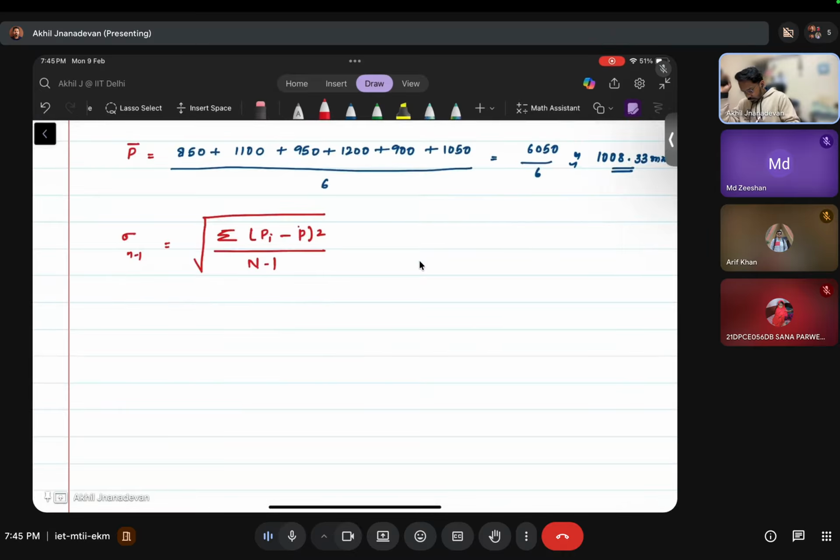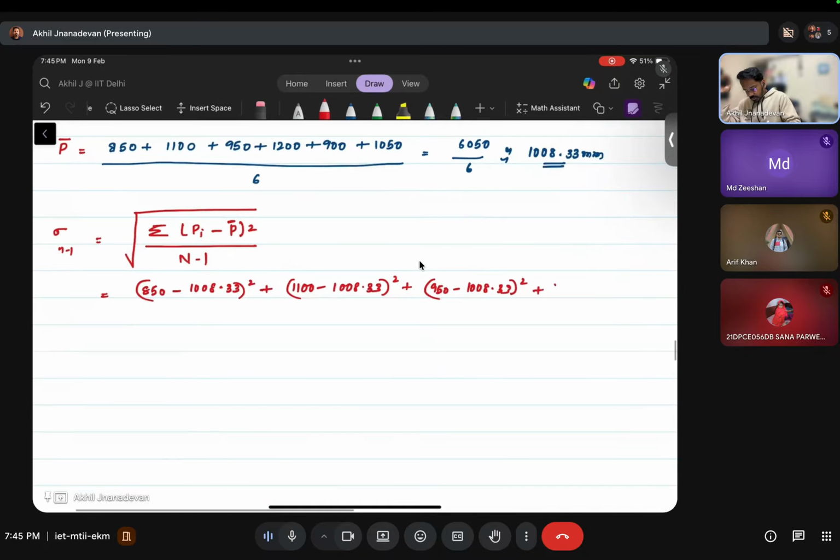So this is the formula for finding the standard deviation of a time series or any series. We have to take the summation of 850 minus the mean 1008.33 the whole square, plus the second value, 1100 minus the mean 1033 the whole square, plus 950 minus 1008.33 the whole square.